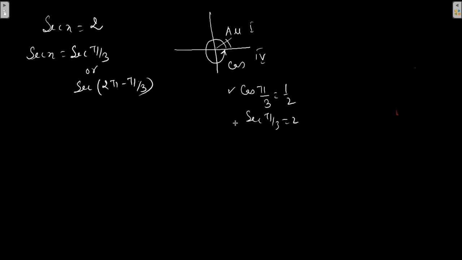When you calculate 2 pi minus pi by 3, what will you get? You will get 5 pi by 3, right? So your x is going to be pi by 3, 5 pi by 3. This is going to be your principal solution.